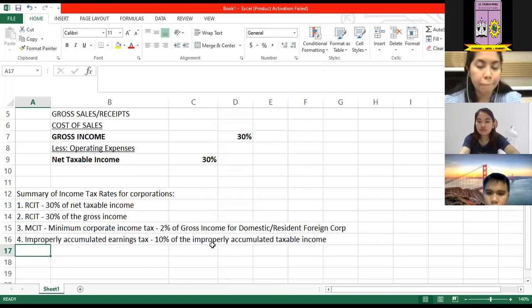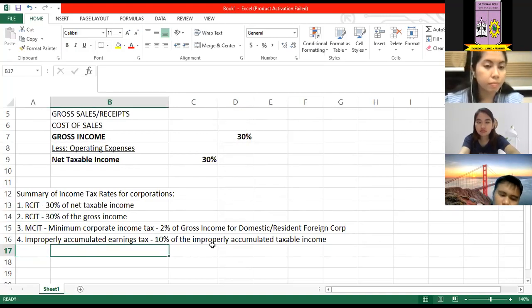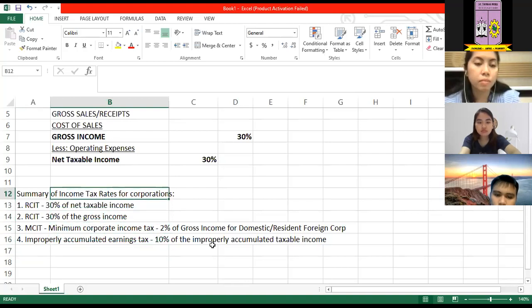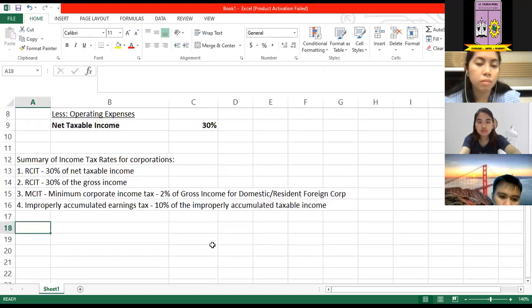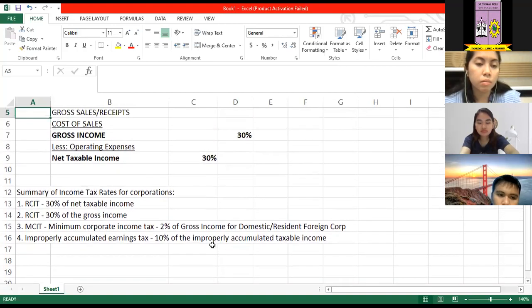Meaning to say, mas mababa yung kanilang tax rate. At may mga non-resident foreign corporations also na iba-iba din yung kanilang tax rate. So, malalaman natin later. But basically, ito yung summary of income tax rates for corporations. So, as we go along in our discussion, i-add natin dito yung mga special tax rates, okay? So, in the meantime, focus muna tayo dito.